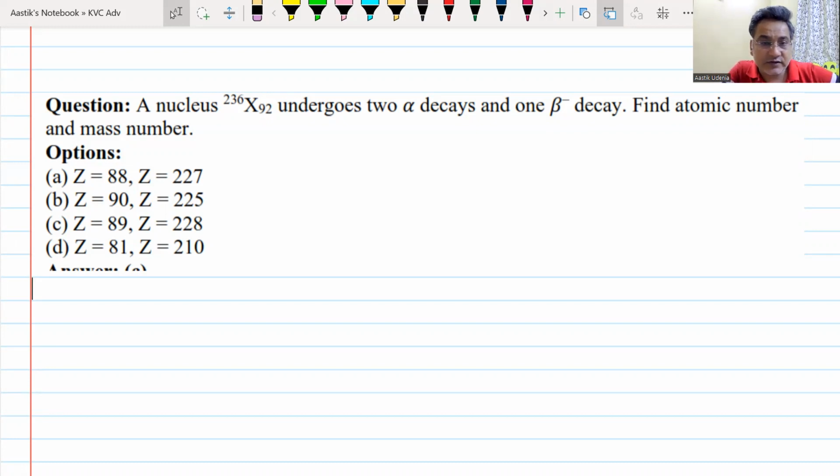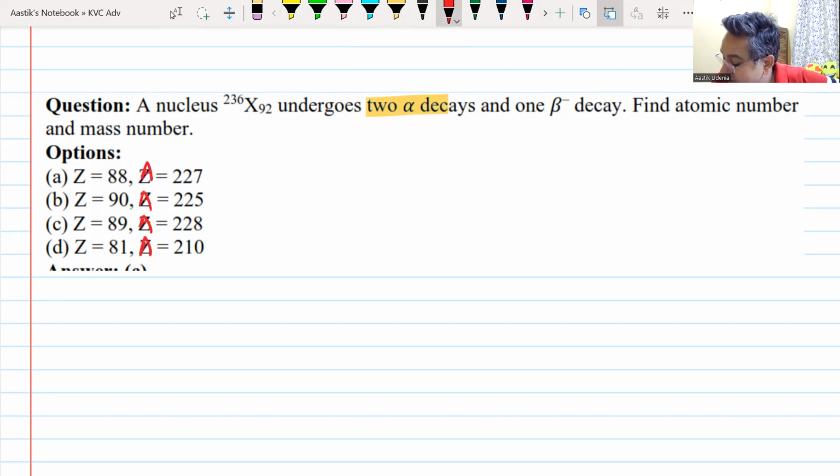I'll give you a minute to solve this. So, what will be the answer? It goes through 2 alpha decay. From there only you can get the answer. Here Z is misprinted. It should be A.